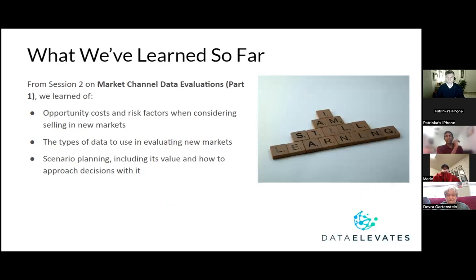And then in terms of session 2, on market channel data evaluations, again, you're definitely encouraged to go back to the recordings on this. But really, we talked about opportunity costs, we talked about risk factors, and how to utilize a scenario planning approach to evaluate markets when there are these risk factors.